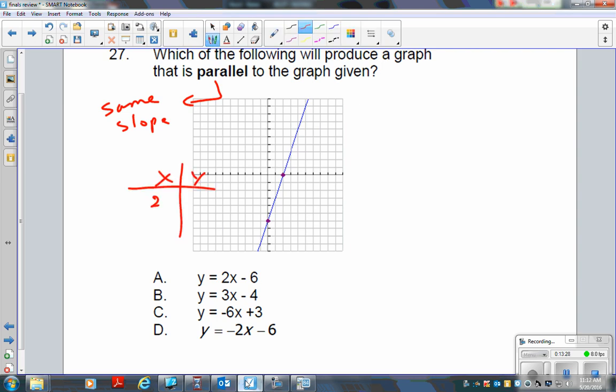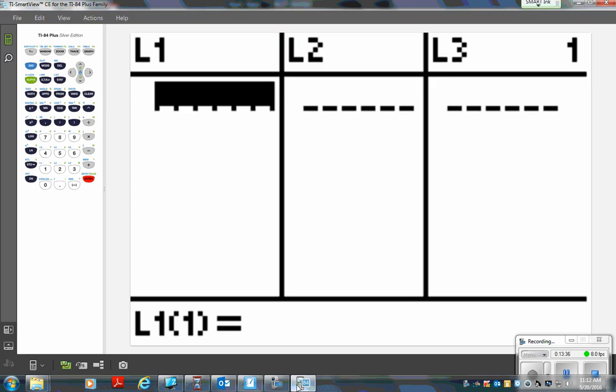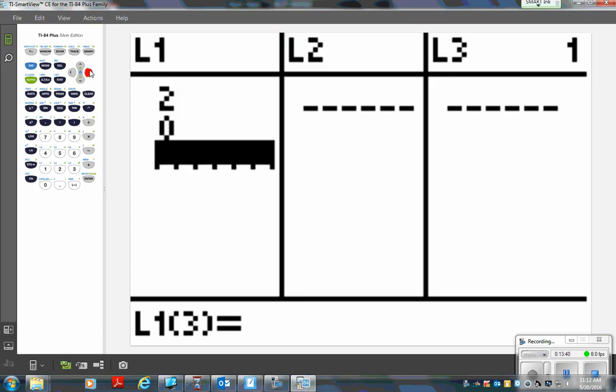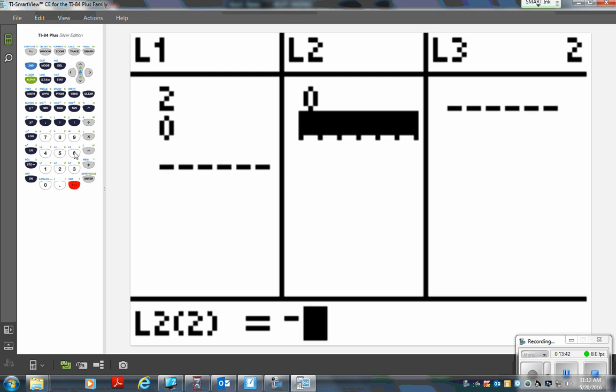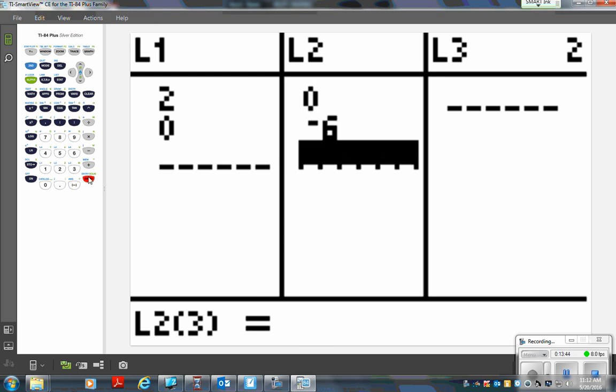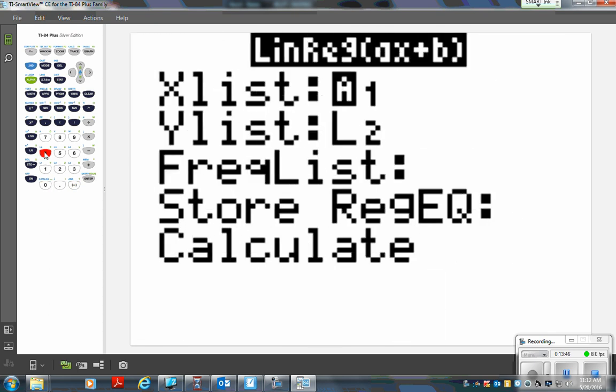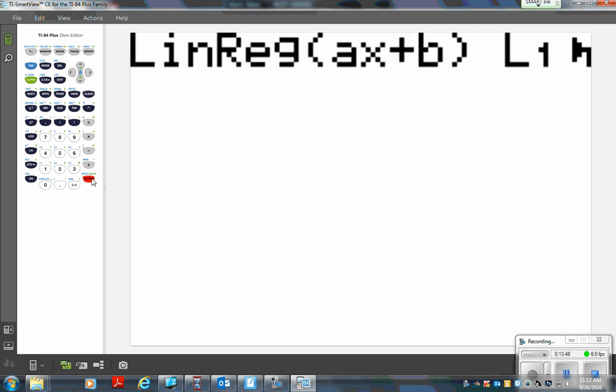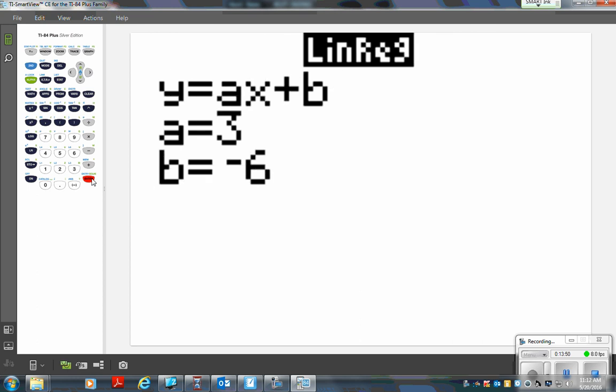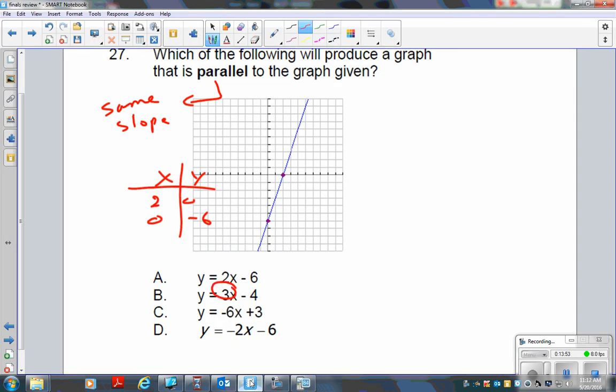I have 2, 0, and 0, -6. Then stat to the right, 4, enter, enter, enter. My slope is 3. So I'm looking at something with the slope is 3 right there.